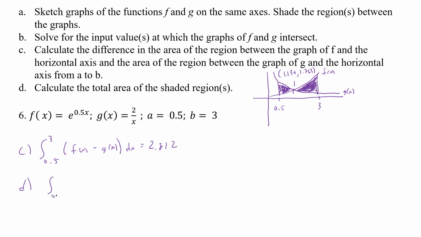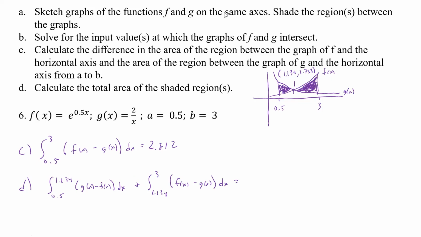So we're going to go from 0.5 to 1.134, and we're taking here g of x minus our f of x dx. And then after that, we're going to add our integral from 1.134 up to 3, and that's going to be f of x minus our g of x dx. All right, so let's see if we can put that all in one line so we make it easier on our calculator.